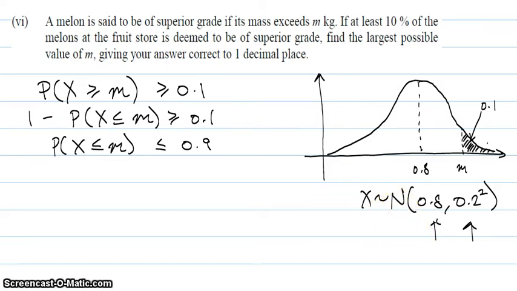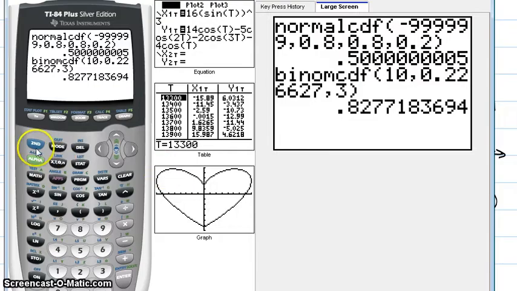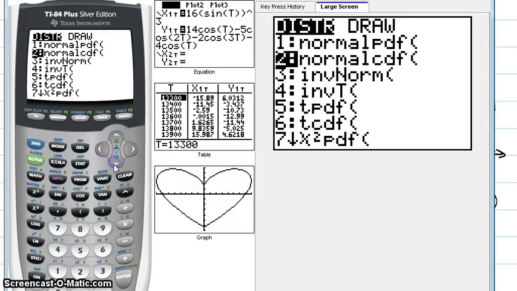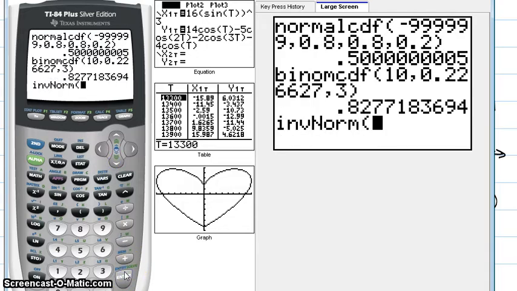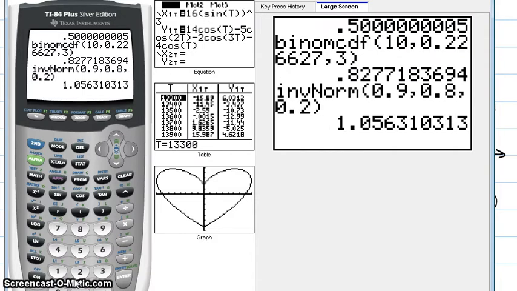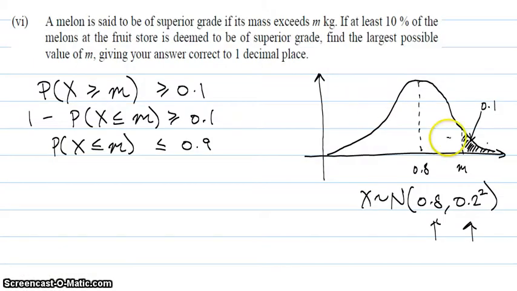So I'm going to go to my GC and use the inverse normal command. The area that I'm looking at is 0.9, and I know my mean is 0.8 and my standard deviation 0.2. So I key all of that in and I get 1.0563, or 1.06 to 3 significant figures. So I know that this value up here, m, is from GC.